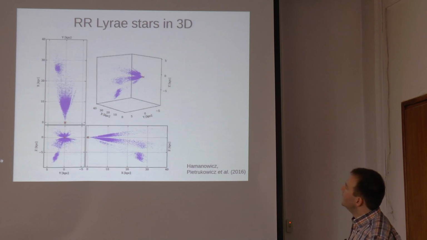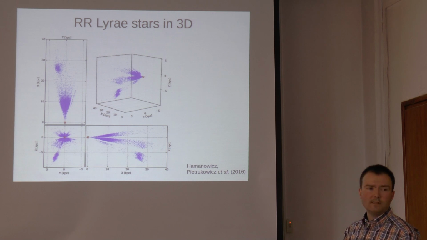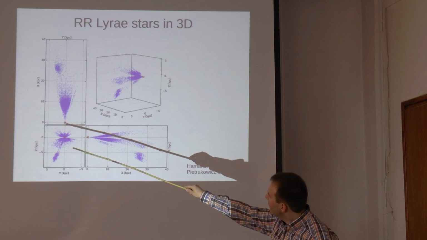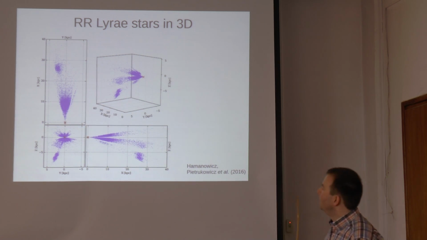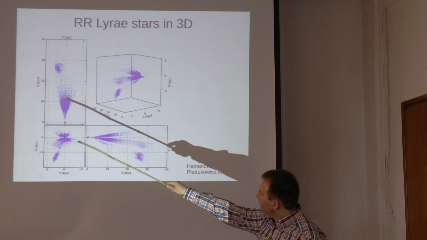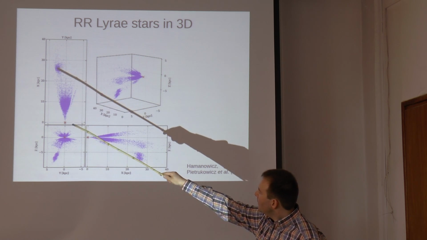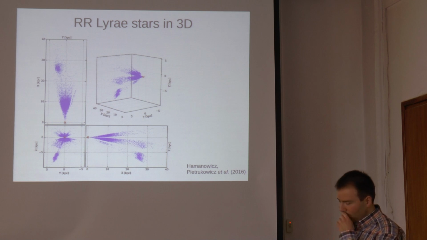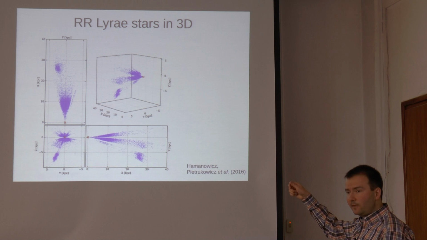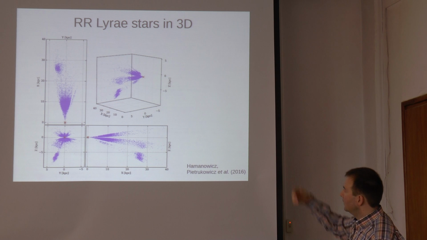And this is the most recent 3D view of these old stars from OGLE. So you can see this. So we are here, where is the red X, and you can see that these stars form this ellipsoid, and here you can see another cluster of these stars, and this is the Sagittarius dwarf spheroidal galaxy in the background.